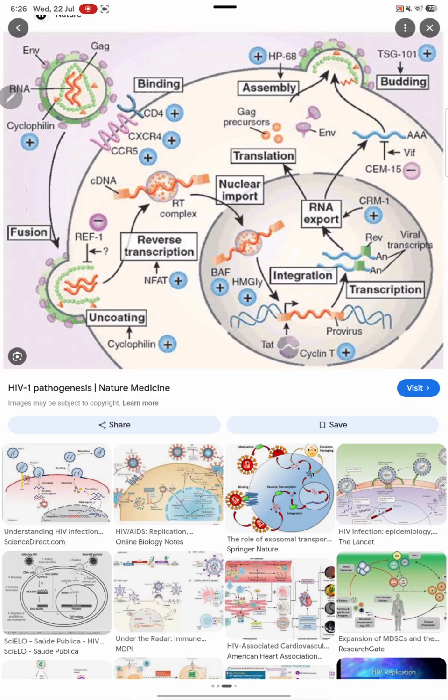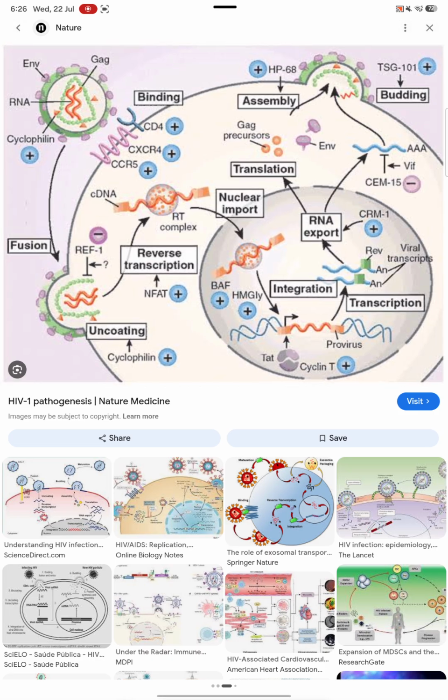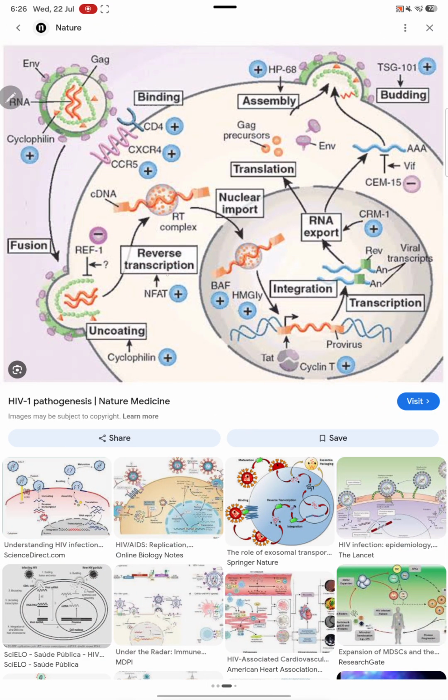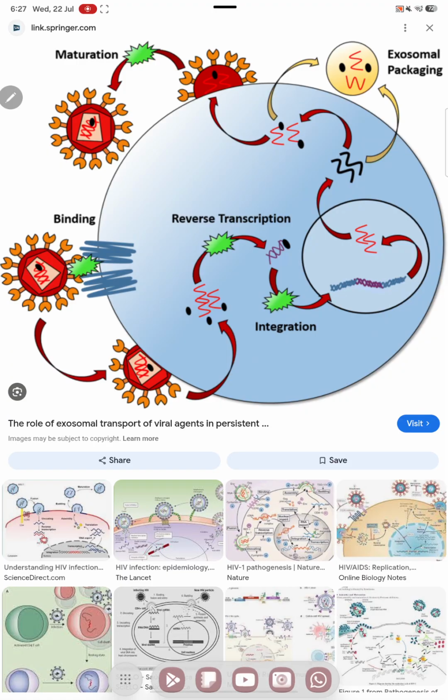After that, the RNA is exported, translation occurs, and then budding also occurs. You do not need to know this depth, you just need to know that the virus is attacking CD4 cells, and after attacking, it gets uncoated and then reverse transcribes itself. Okay, that is enough.